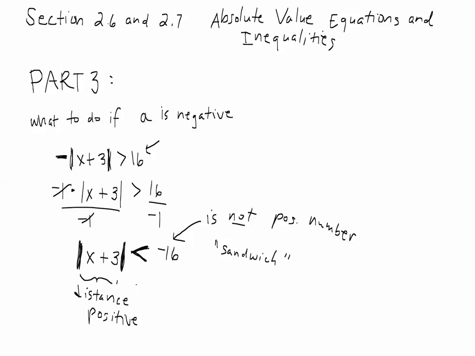What this problem is asking us then is, can this number here on the left side, which is a positive number, will it ever be less than a -16? Can a positive number be less than a negative number? No. So when this happens, you have to say there is no solution.